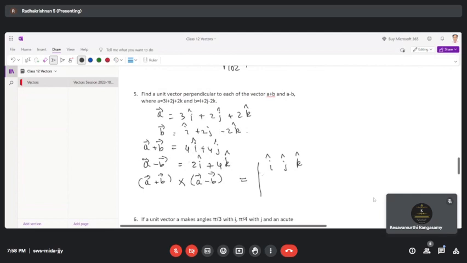Right? A plus b is 4i plus 4j. No, k is not there, 0k. And this is 2i plus 4k. This determinant is what is going to give us the cross product, which will be a vector perpendicular to a plus b and a minus b.